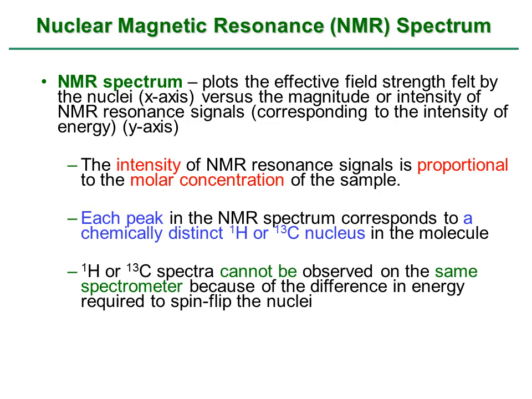This means if the molar concentration used is high, the intensity of the signal will be high, and vice versa. Each peak in the NMR spectrum corresponds to a chemically distinct proton or carbon-13 in the molecule. Proton and carbon-13 spectra cannot be observed in the same spectrometer because of the difference in the energy required to spin flip the nuclei.